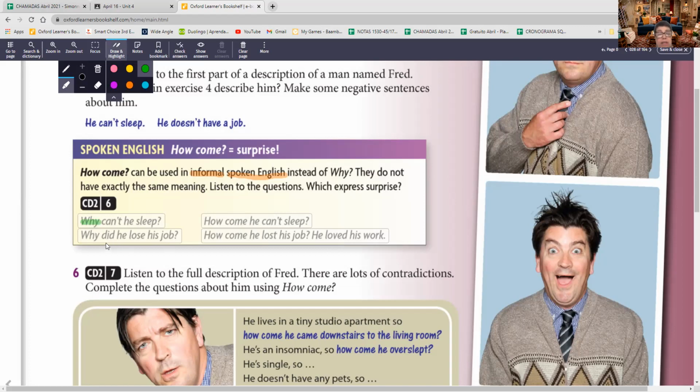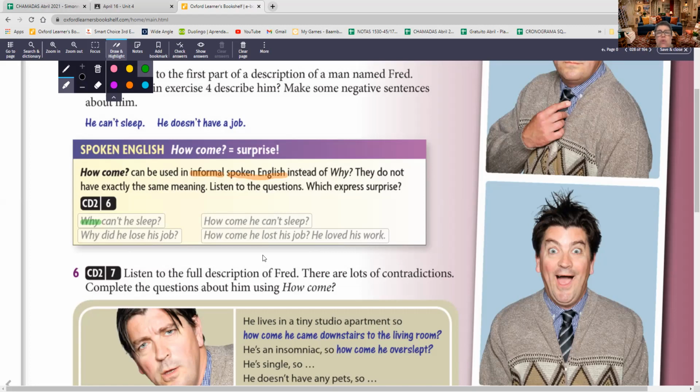The next one, it's the same idea. Why did he lose his job? So suppose you are his best friend and you are talking to a psychologist. Imagine, I am the psychologist, and they tell me, Simone, he lost his job. Can you believe it? And I say, why did he lose his job?